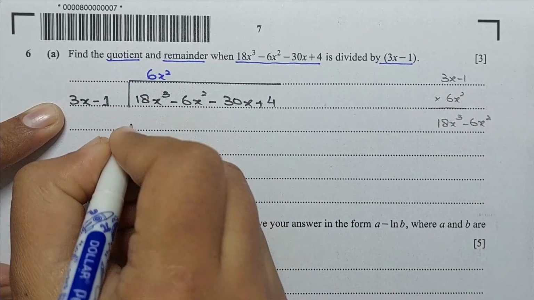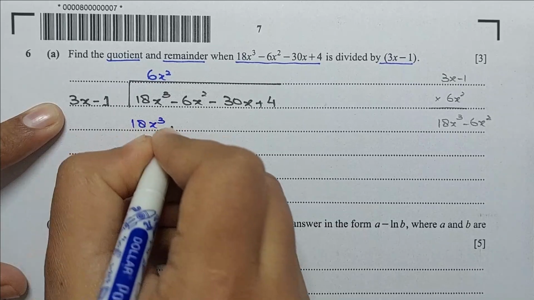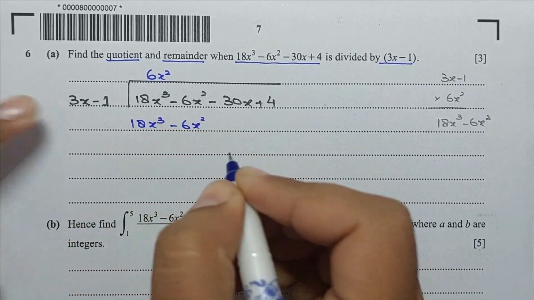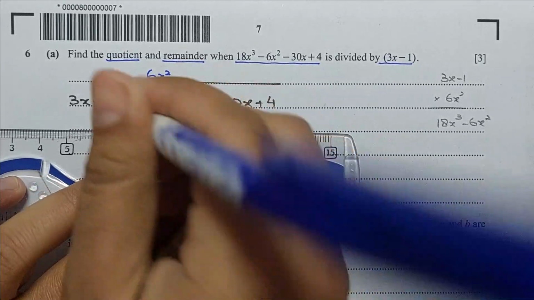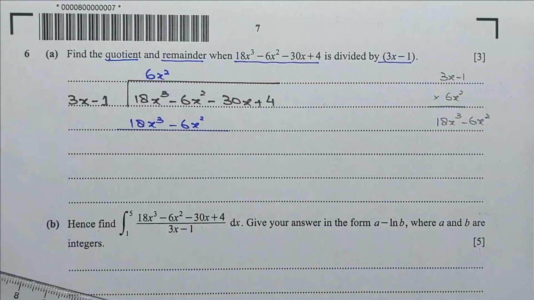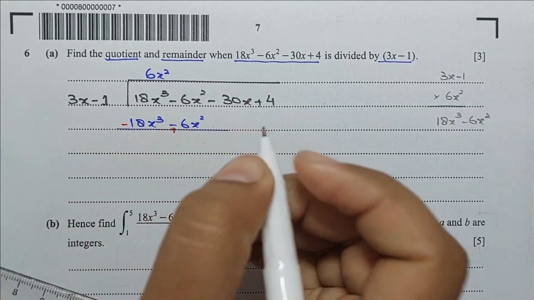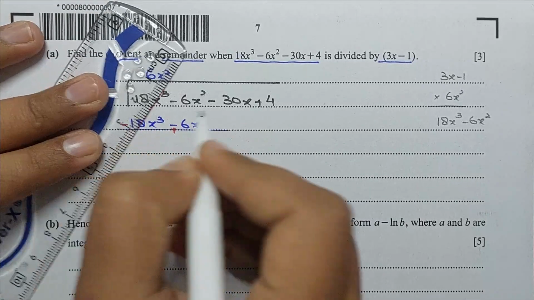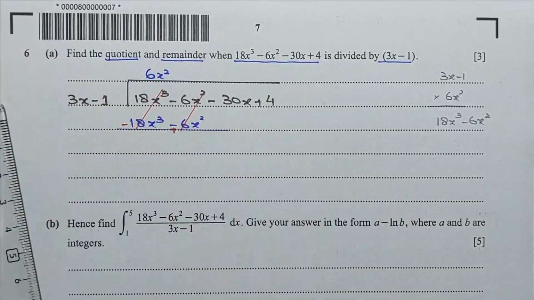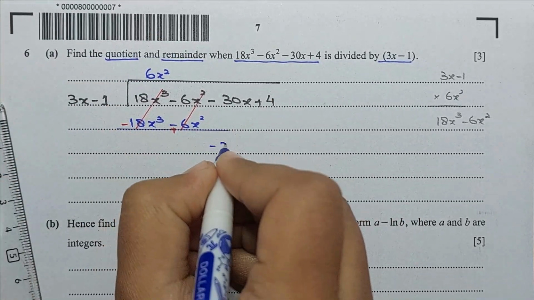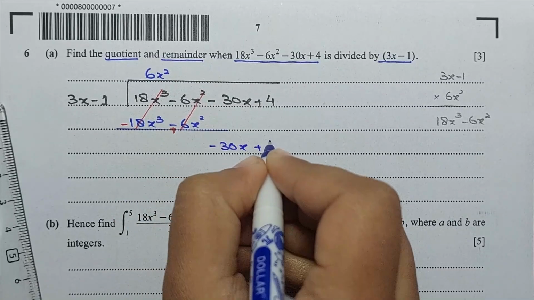So write it down, 18x cube minus 6x square. Now we can subtract the two expressions by changing the signs. So negative becomes positive; positive and negative cancel out. We are just left with negative 30x and plus 4.